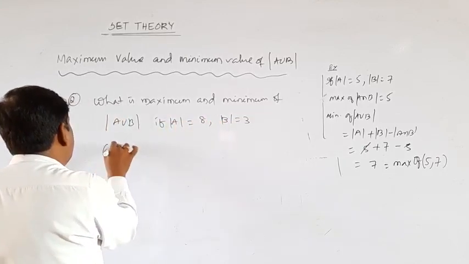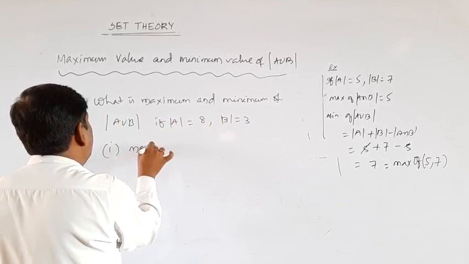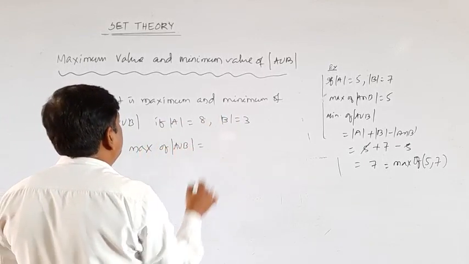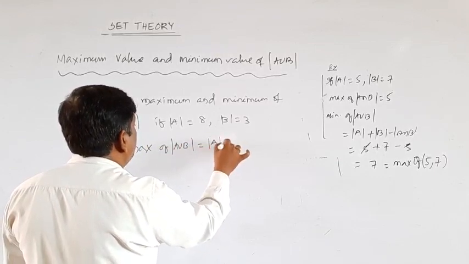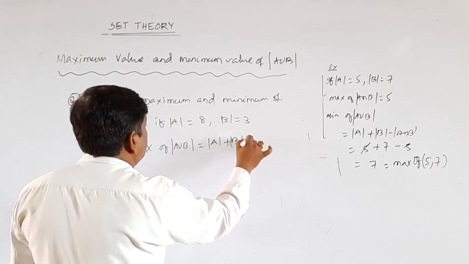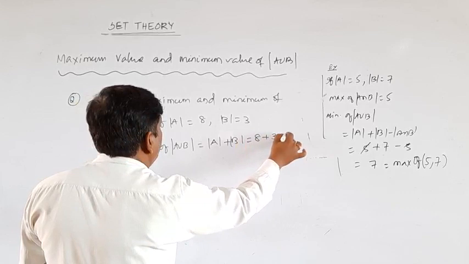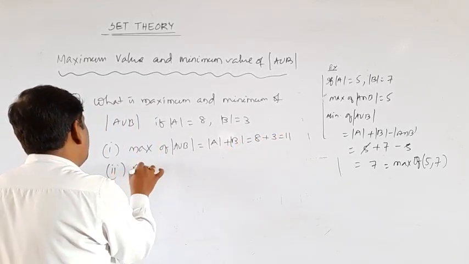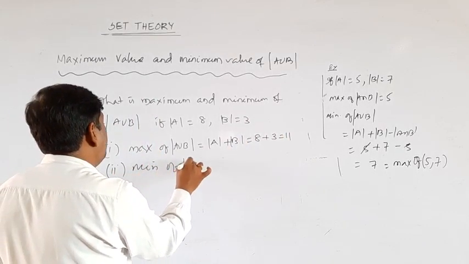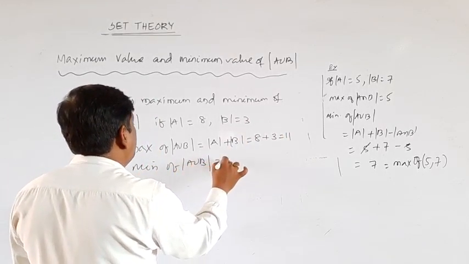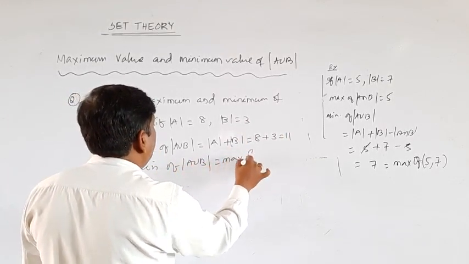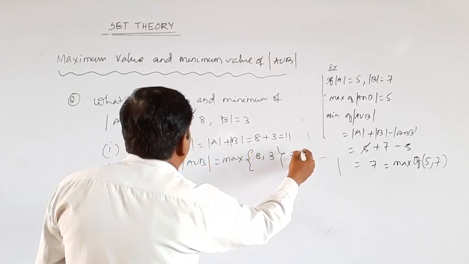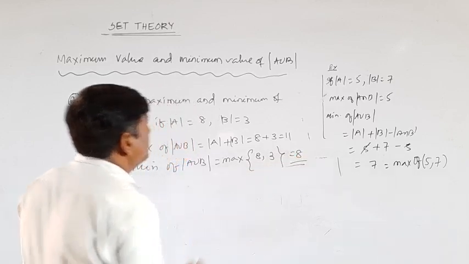So answer: maximum of cardinality of A union B is equal to cardinality A plus cardinality B, that is 8 plus 3 is equal to 11. Number 2, minimum of cardinality of A union B is equal to maximum of 8 comma 3, that is equal to 8. This is the answer.